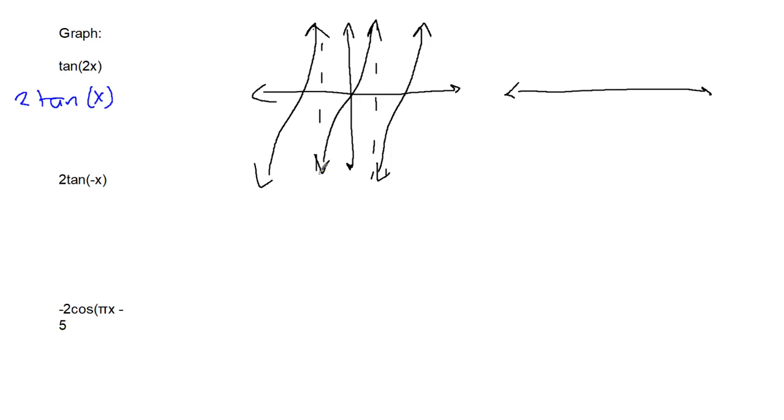For 2 tan x, the graph would just look a little bit taller, and it won't really do that much, right? That's how the graph would look if it was 2 tan x.